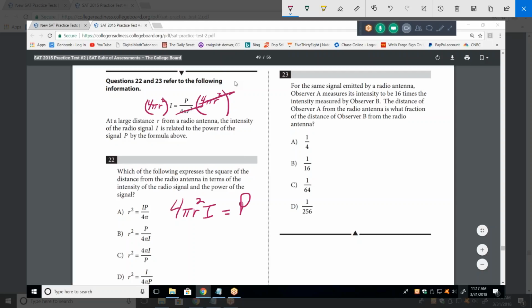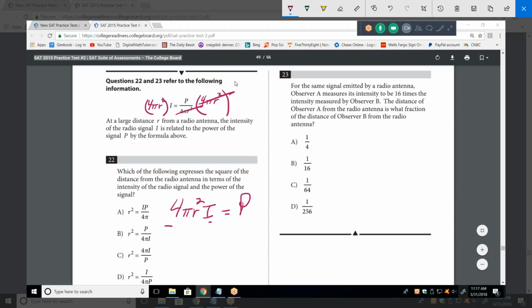Now how do I solve that for r squared? Divide by everything that's not r squared. I've got to divide by the 4 pi, which is a multiplier, and I've got to divide by the I, which is also a multiplier. So here's what I'm going to do. I'm going to draw it this way, just so there's no confusion.